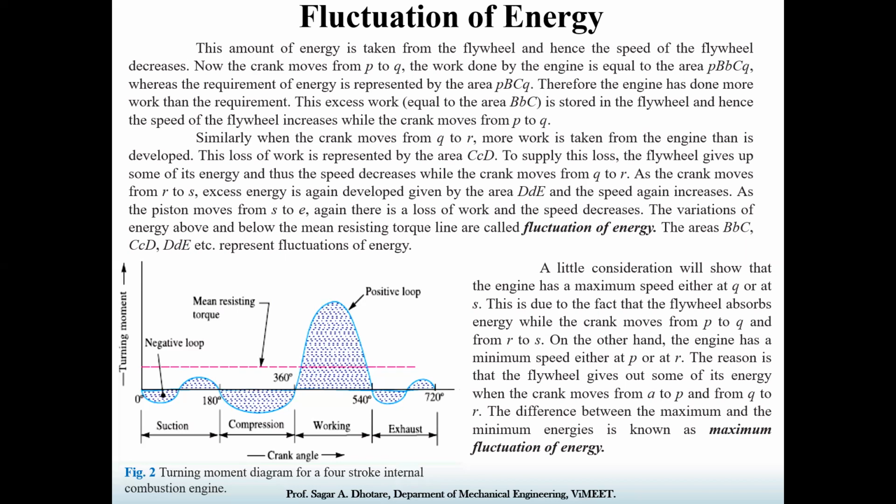The energy is maximum at point Q or at point S, due to the fact that the flywheel absorbs energy while the crank moves from P to Q, and again from R to S. On the other hand, the engine has minimum speed at P or at R. The reason is that the flywheel gives out some of its energy to the crank, which moves from A to P and from Q to R. This maximum energy difference is called the maximum fluctuation of energy.